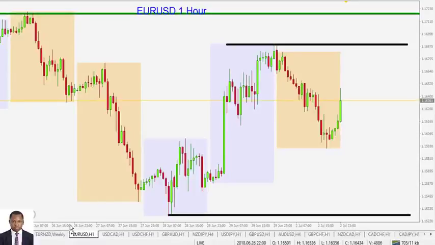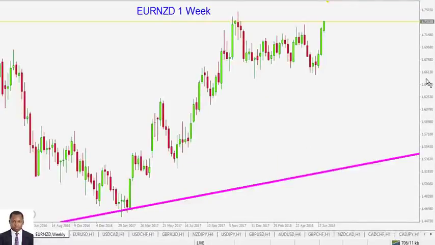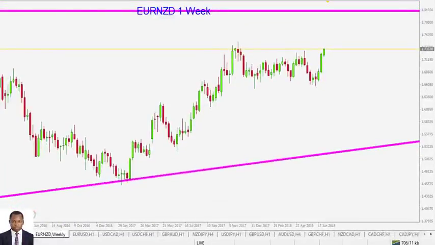All right, the first one is the euro against the New Zealand dollar. This is the weekly time frame. You will notice that price in this pair, after a nice run, has been in a sideways bias. So let's draw our levels of support and resistance. You can see how price was bottoming out around that area and topping out around this area.